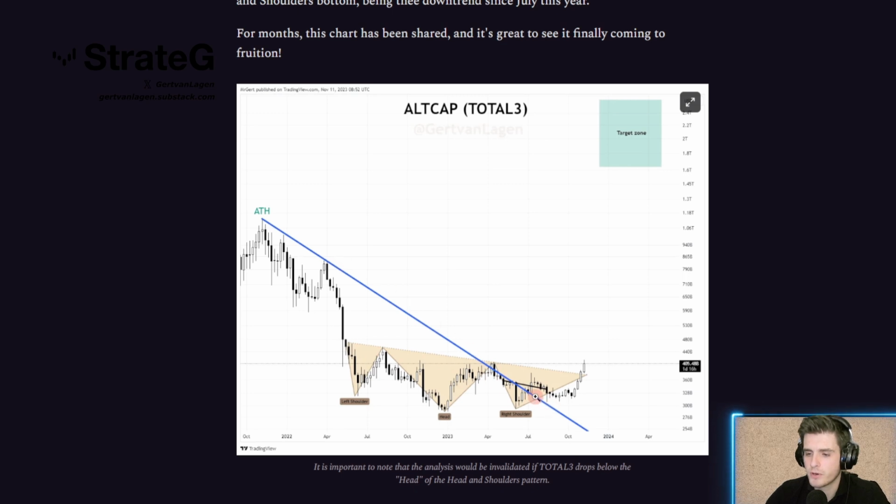This blue trend line was broken here, and price is now breaking out from the lows, has printed a higher high here, and has also formed a head and shoulders bottom. So the target of this is somewhere here, and if we take the target with Fibonacci extensions, top to bottom, then the target zone will be here around $2 trillion.